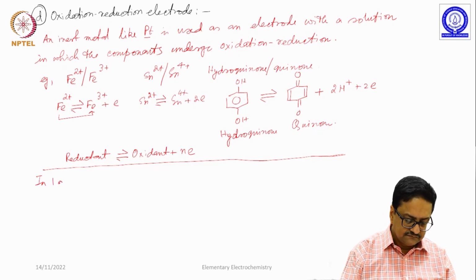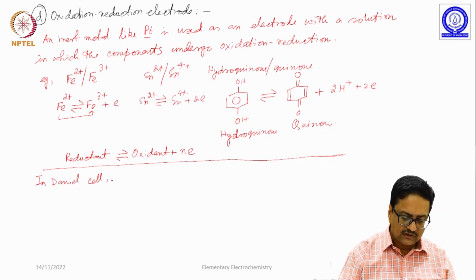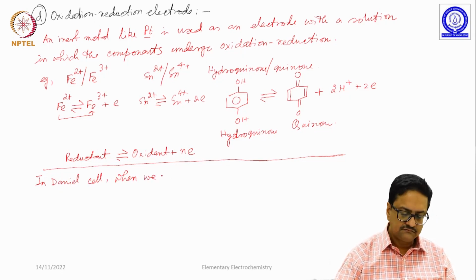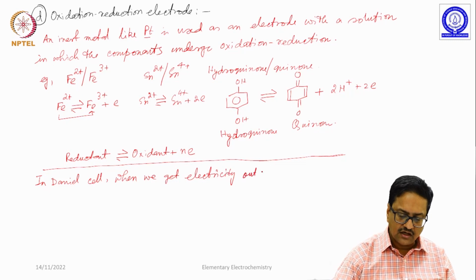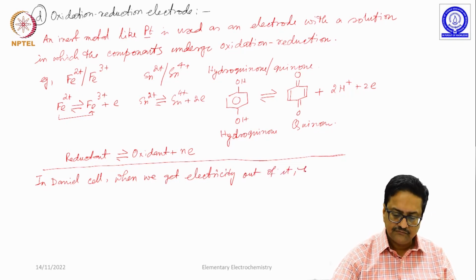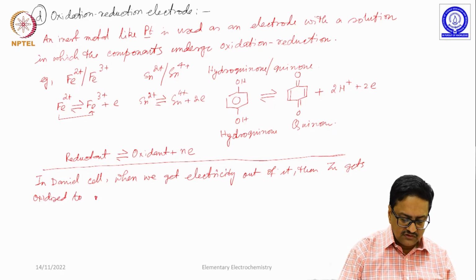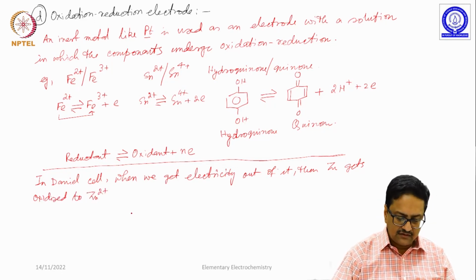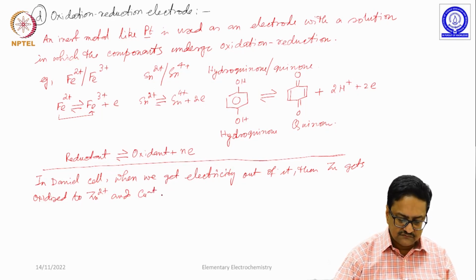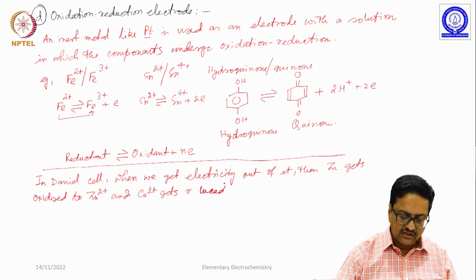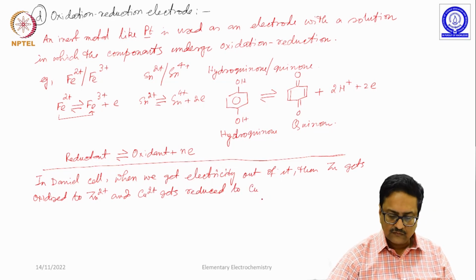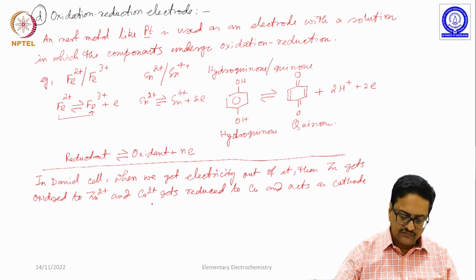So in the Daniell cell, when we get electricity out of it, then Zn gets oxidized to Zn2+, that is the metal ion electrode, and copper 2+ gets reduced to metallic copper and acts as the cathode.